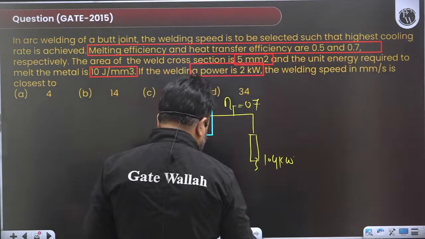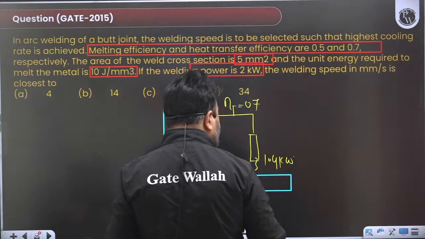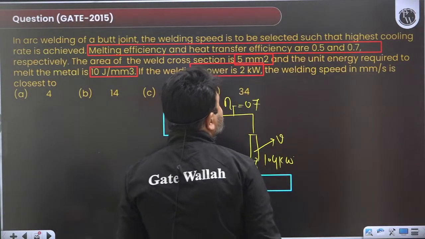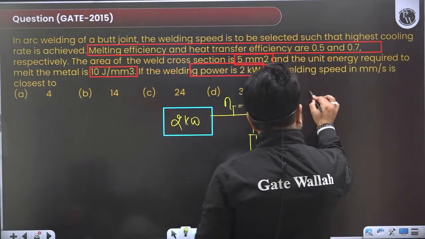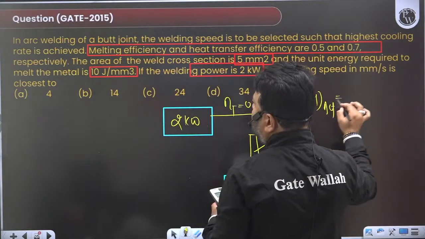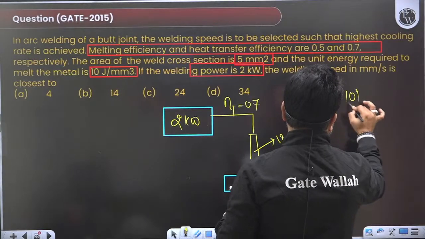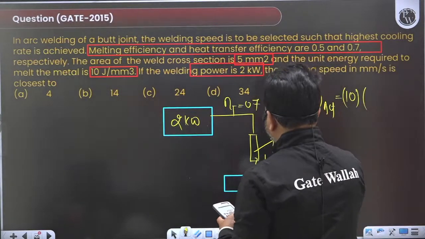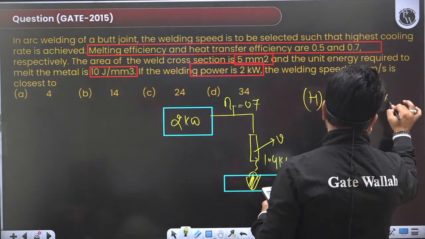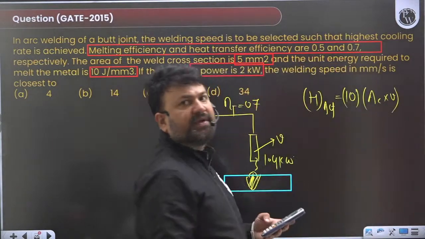Here you are welding, and this is the welding speed. Now the actual heat is 10 joule per mm cube times the cross-sectional area of the weld pool into welding speed. This is the actual heat.